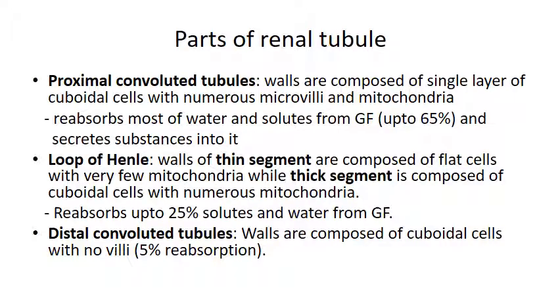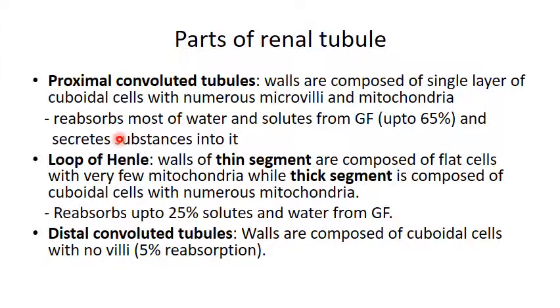This is the description of various parts of the renal tubule. The first part of the renal tubule is the proximal convoluted tubule, which I have told you is a 15 millimeter long tubule. Its walls are composed of a single layer of cuboidal cells which have numerous microvilli and a large number of mitochondria.